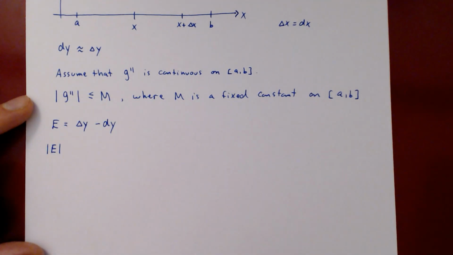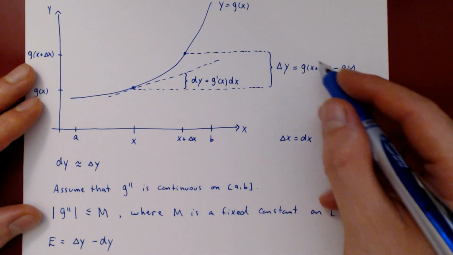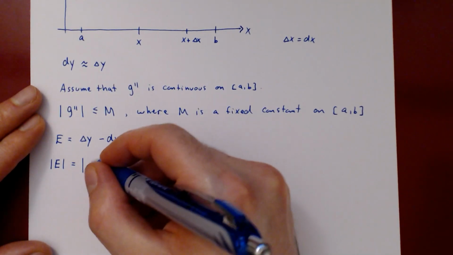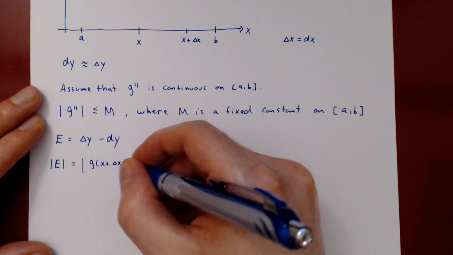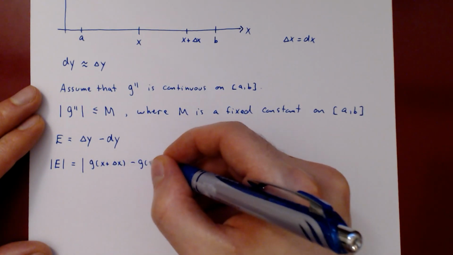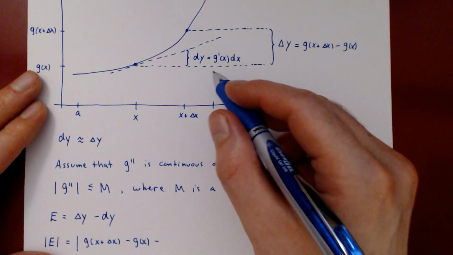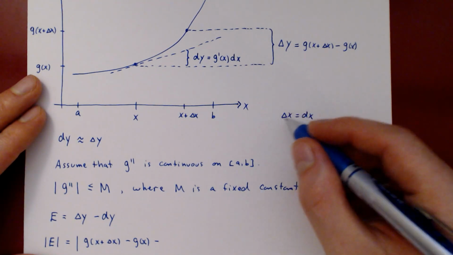How big is the error? Well, delta y is g of x plus delta x minus g of x, minus dy, which is of course g prime of x times dx. And I will now replace dx by delta x.